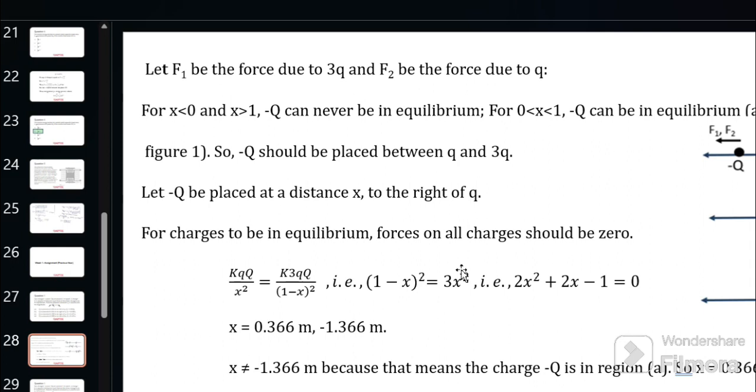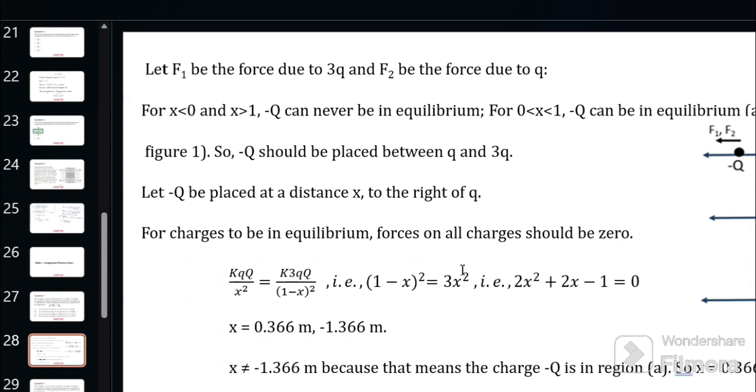Same for the last case, where we put everything to the right, that is also not possible because it will not be in equilibrium. So we have to put minus Q in between both of them, but not in the center. What we need to find out is the distance at which we have to keep it.